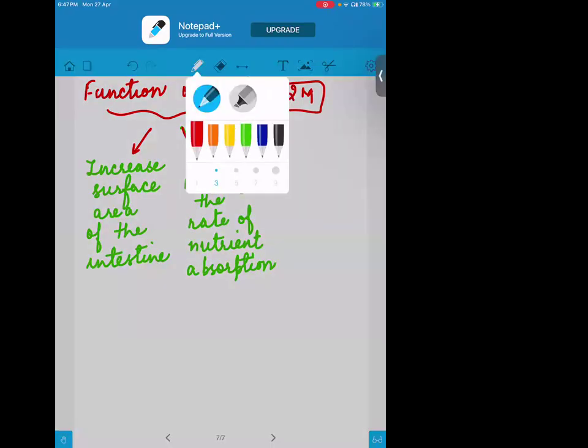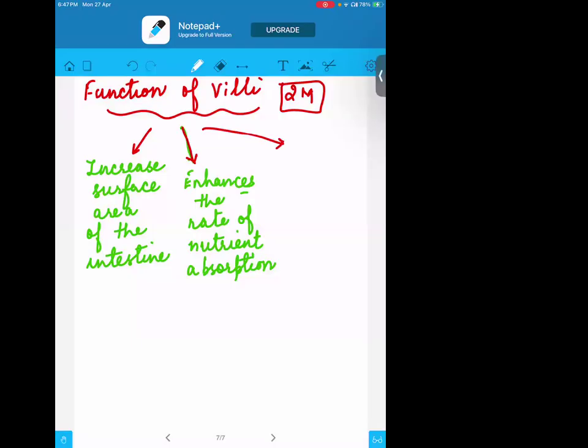Then the third one is that they help in an efficient transport system via the blood capillaries.